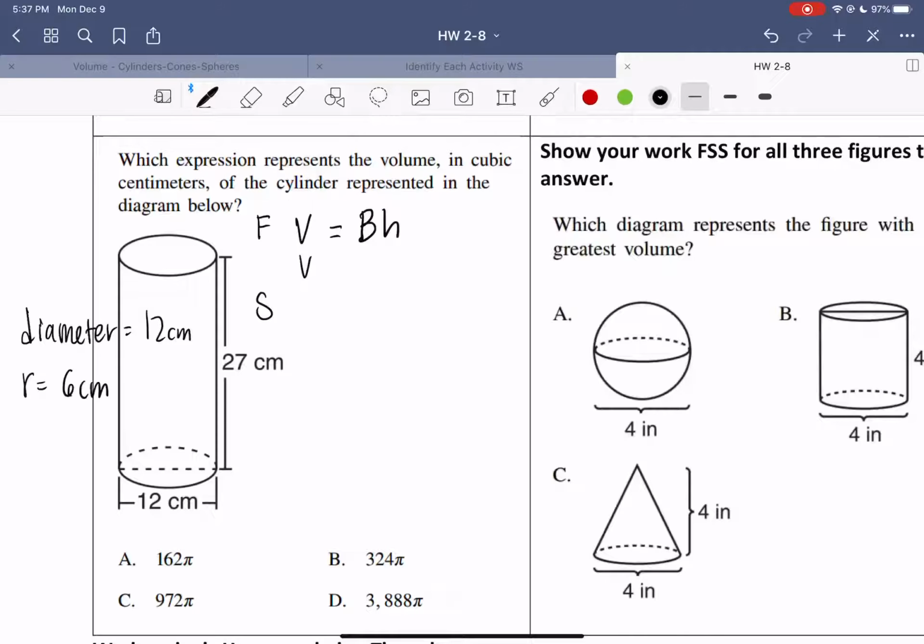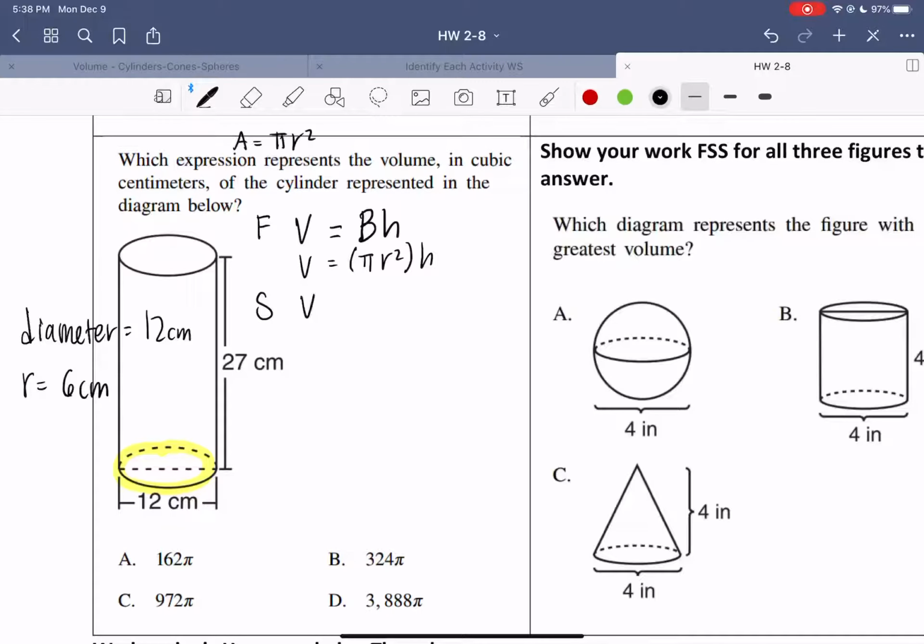When we have capital B, we remember this is for our circle, since we have a circular base, the area is pi r squared times h.